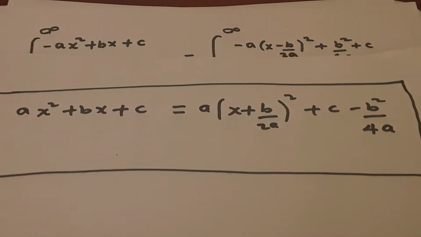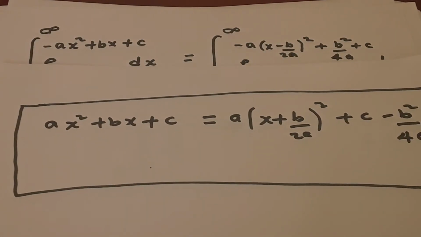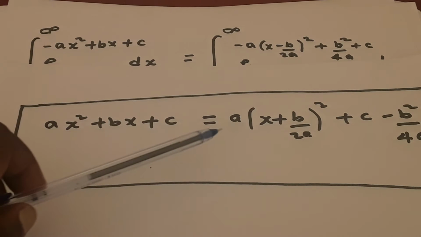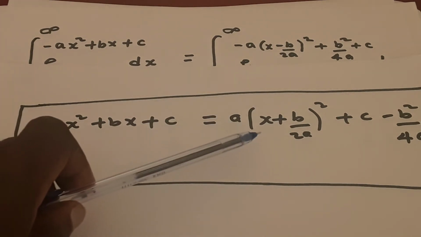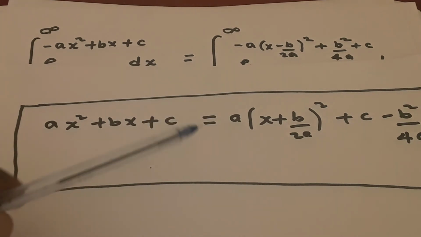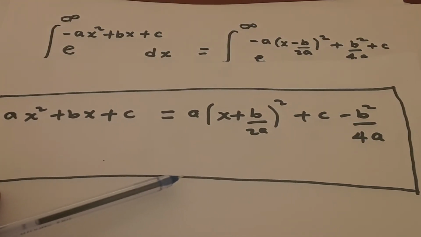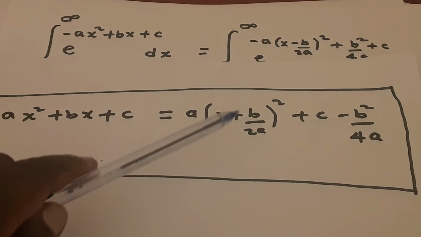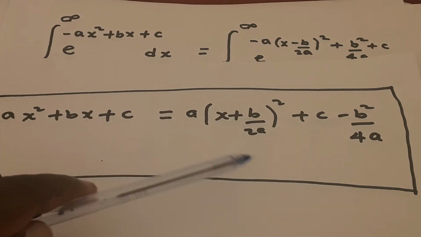In this case, instead of a, we have minus a. So we use minus a times x minus b over 2a, where a is minus a in our case. We need to associate this with our form for simplicity.